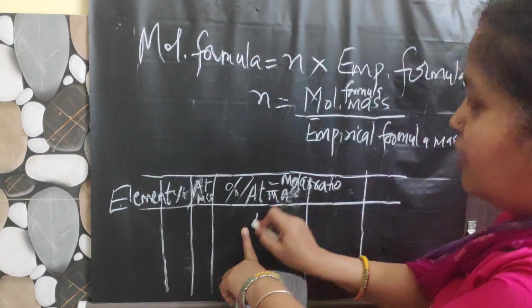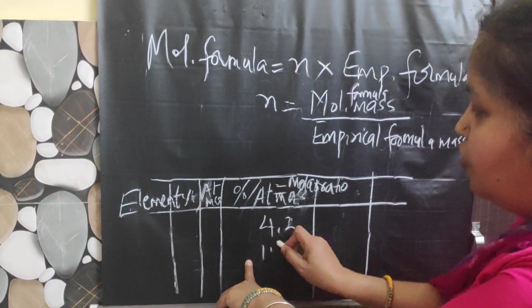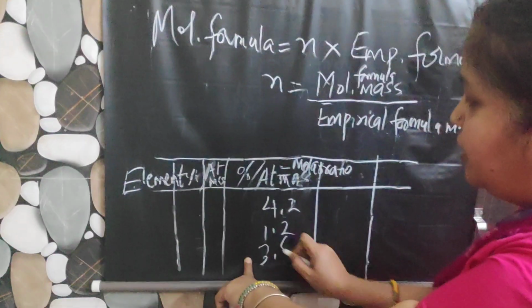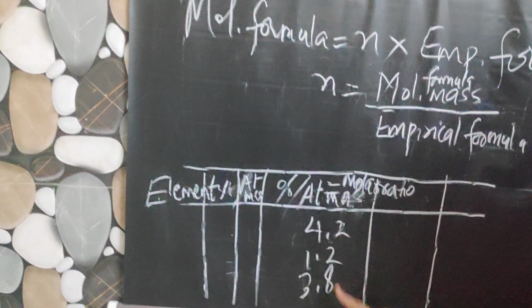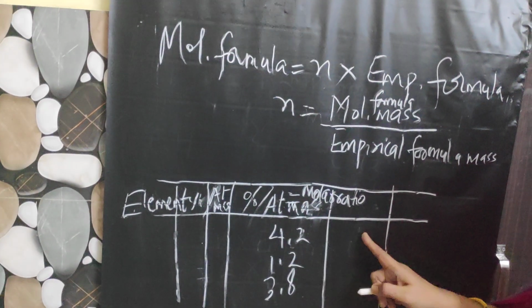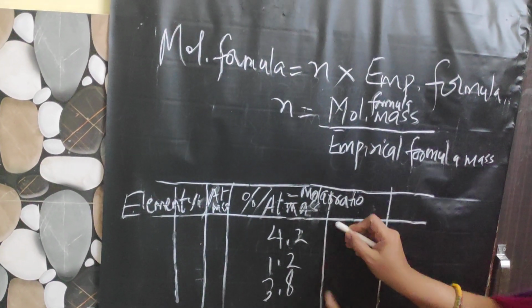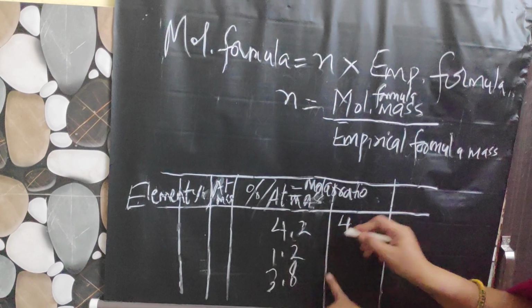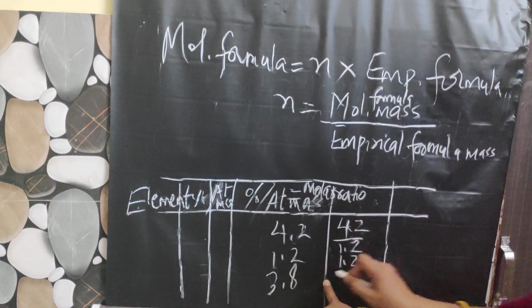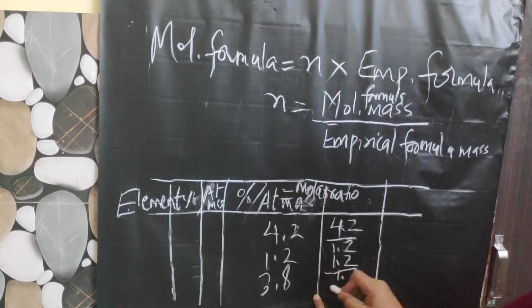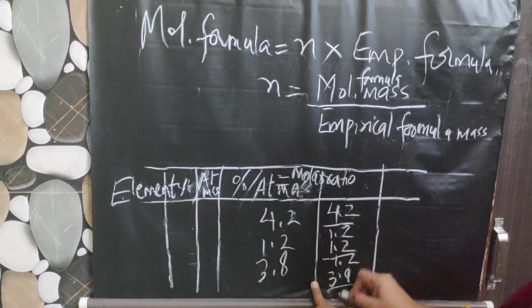Suppose you get 4.2, 1.2 and 3.8. So the 1.2 is the least one. So whichever is simplest, you will divide all the 3 by this. Suppose 1.2 you get, so you will divide 4.2 upon 1.2, 1.2 upon 1.2 and 3.8 upon 1.2.